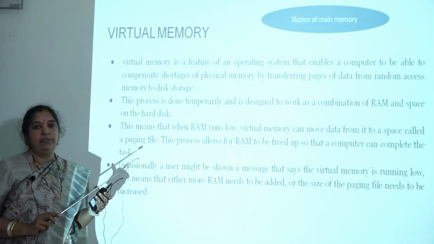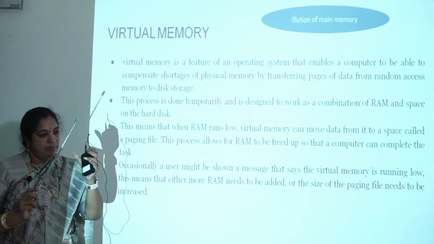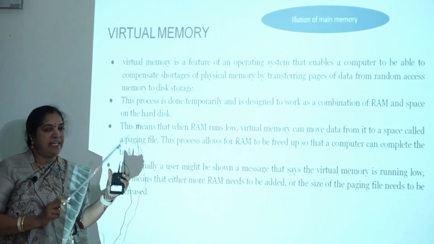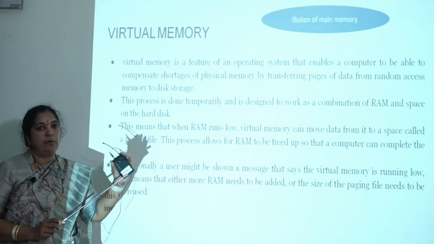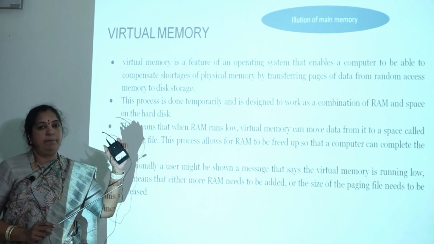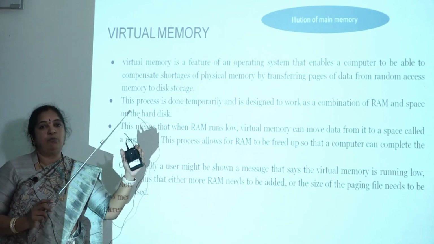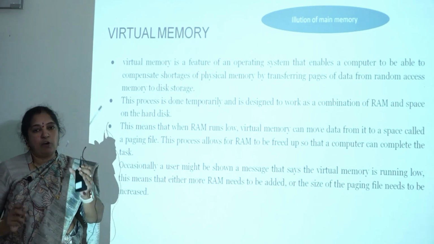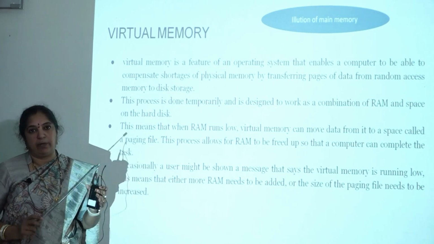For example, the program you divide into pages, and the main memory you divide into blocks. These pages and blocks are of equal size. If you want to store one program into the main memory and you have 10 pages of 1K each, then 10 blocks of 1K are required in main memory.